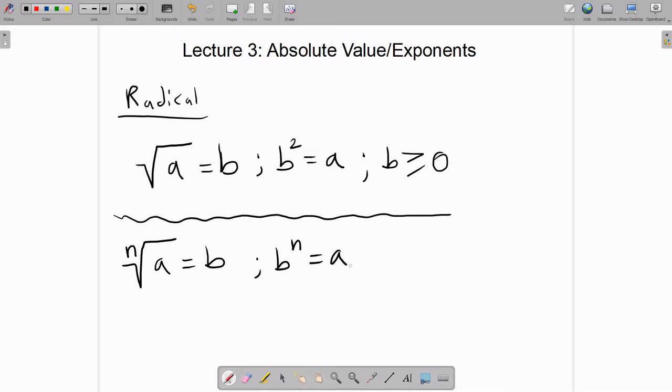If you want to be technical, a radical would imply a square root, while a root will imply any root depending on whatever number you put in front of the word root. So if you want to take the third root or cube root, you're taking the third root of some number, or the fourth root, fifth root, so on and so forth.